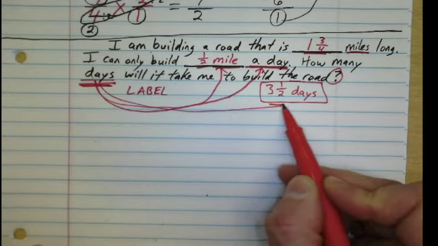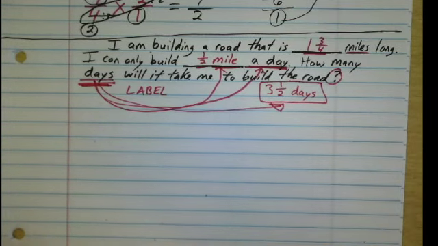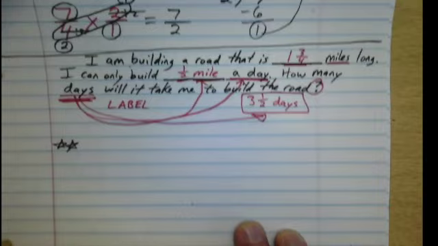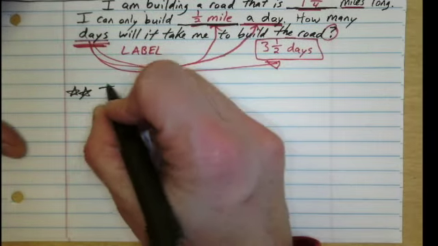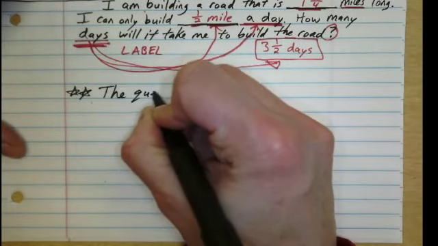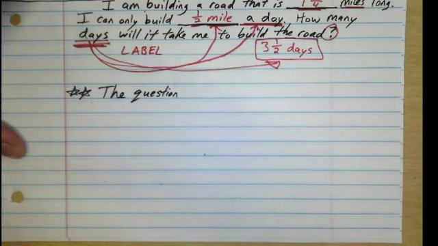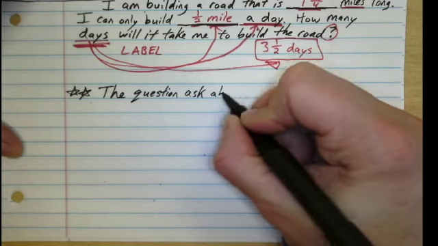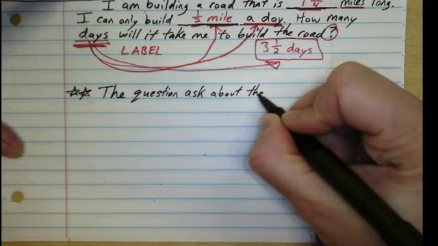I'm going to draw another line over to this. So what type of keywords would you see in a story problem? Things that you need to know. Put a couple stars here. The question will ask about the part.